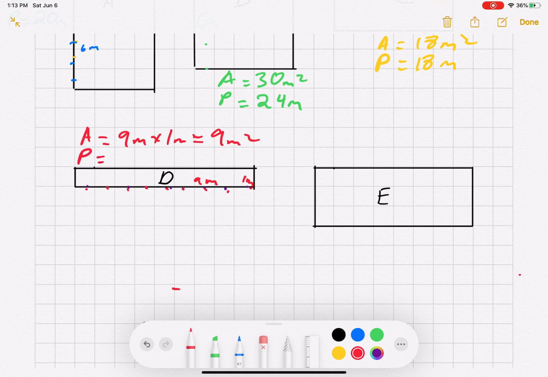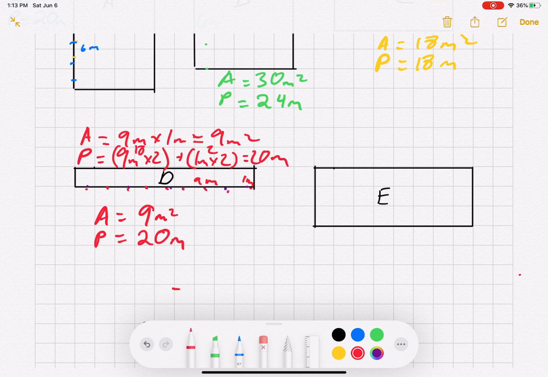And the perimeter is equal to the length, 9 meters times 2, because I have 2 sides there, plus 1 meter times 2. So 18 plus 2 is 20 meters. So the area is equal to 9 meters squared, and the perimeter is equal to 20 meters, right? Because it's around the outside. Okay. Next one.